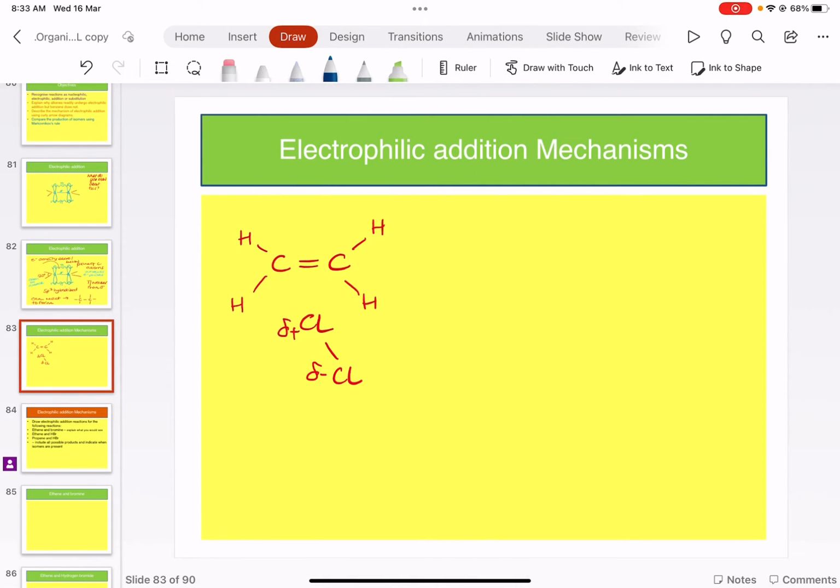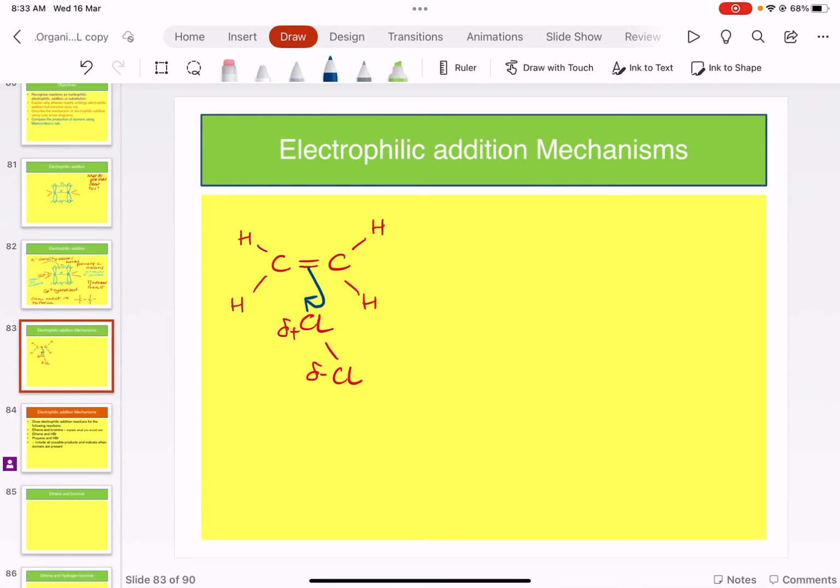Okay, so if we go back and have a look at what happens next. When we've got an area now of electron richness, which we've got around the double bond, and we've got this area of electron deficiency on the chlorine that's delta positive, the electrons move from the double bond to the chlorine.